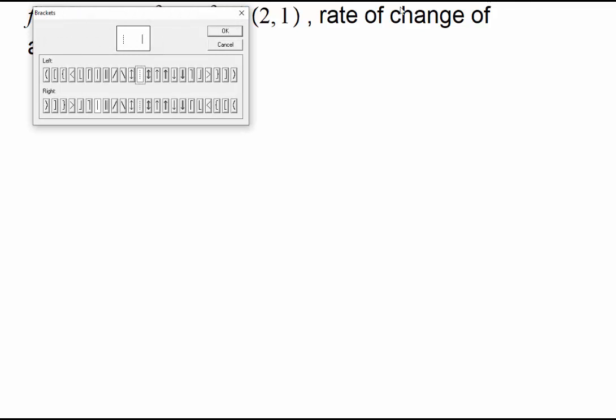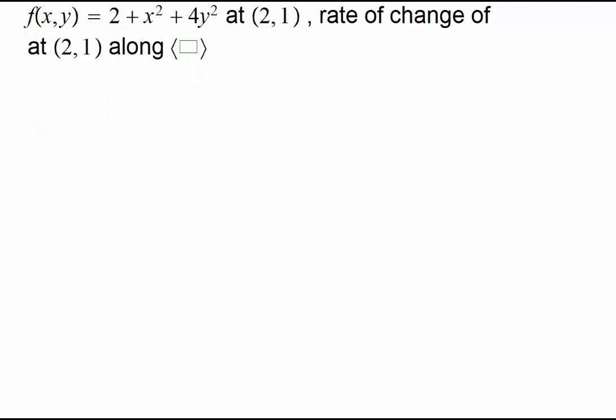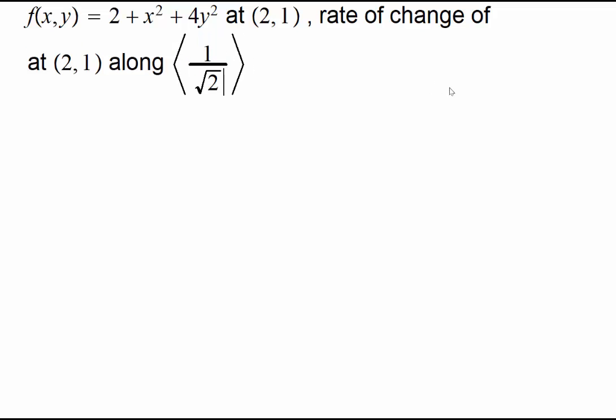I mean, we wanted to go along (1, 1), but then we changed it to a unit vector because that will be easy to work with. So along (1, 1), a unit vector is (1 over square root of 2, 1 over square root of 2), and here it just happens that the y coordinate is the same.